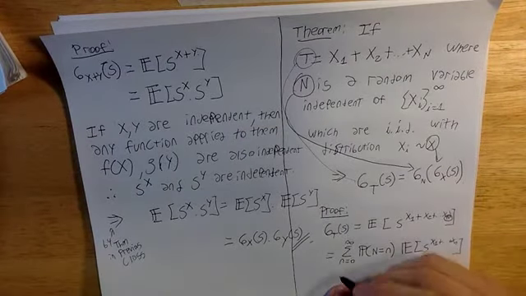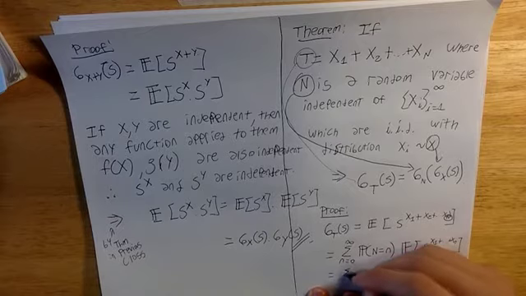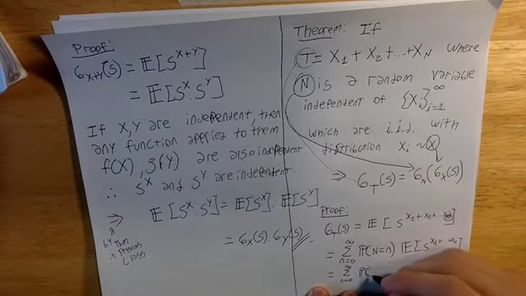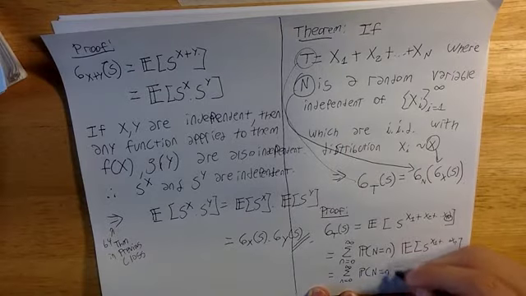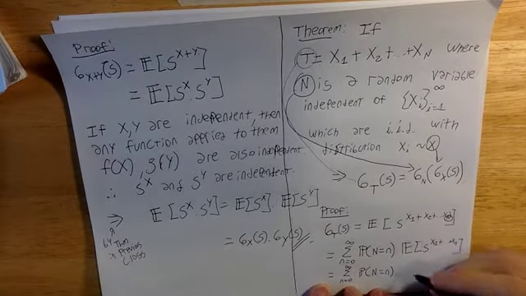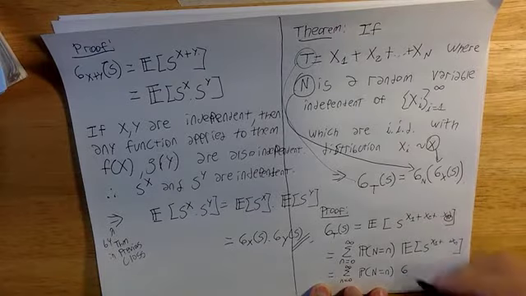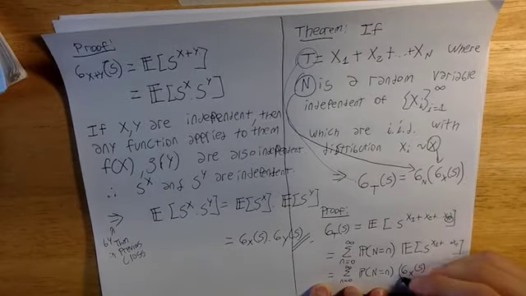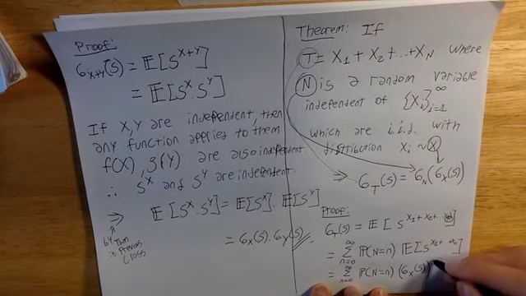So here, what we get is that this is the sum from n equals 0 up to infinity of the probability that capital N is equal to little n of G_X at s evaluated, and all of this to the n.